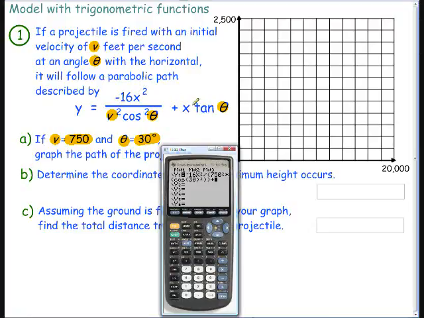I've used it once squared, now I'm going to use it as a linear.